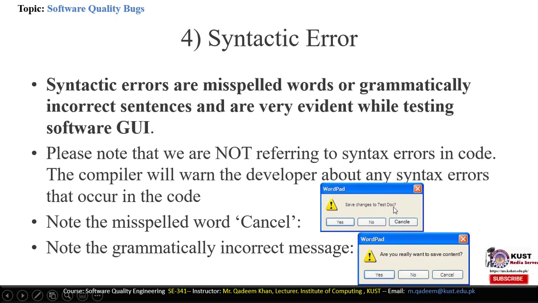That is not referred to as syntax errors in the code, because the syntactic component, which is part of the compiler, will not identify that error. You can see that the cancel spelling is wrong here. That is the syntactic error, so we have to correct the cancel spelling. The correct spelling is C-A-N-C-E-L.